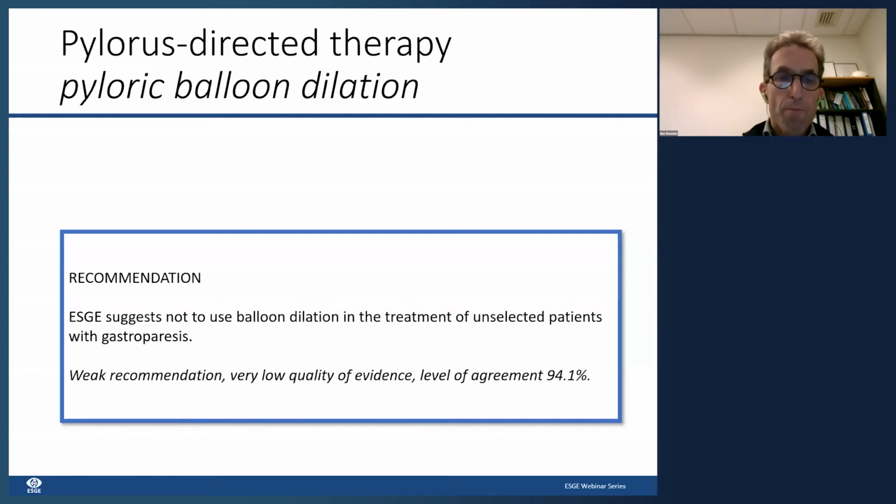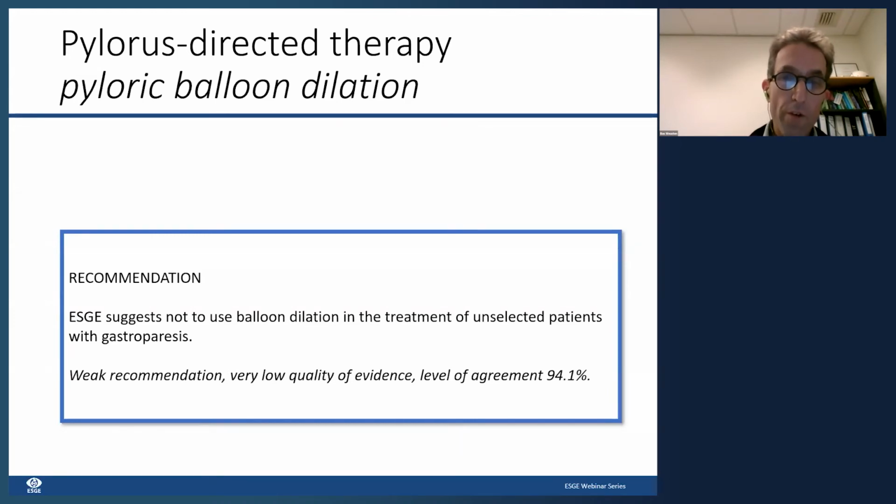Pyloric balloon dilation, well, the ESGE suggests not to use balloon dilation in the treatment of unselected patients with gastroparesis, and this is a very delicate description, as you can recognize. And the reason why this is recommended as such is that there is surprisingly little evidence on the efficacy of this treatment, especially in the long term.